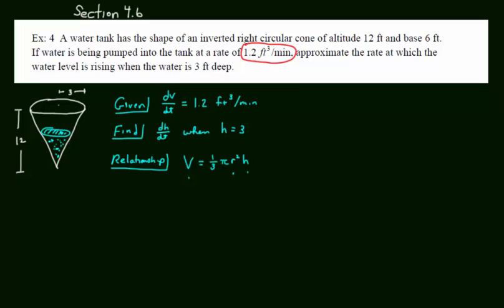So, what we need to do in this type of problem is come over, and I'm going to look at a cross section of the container with the water. So I'll grab the blue. See that?